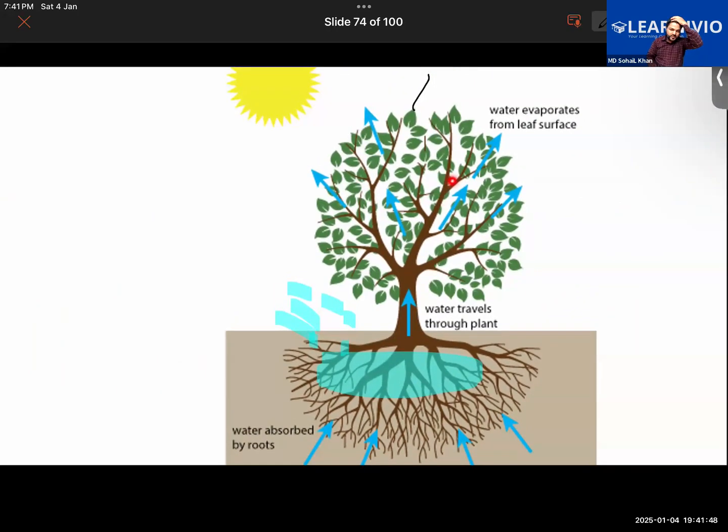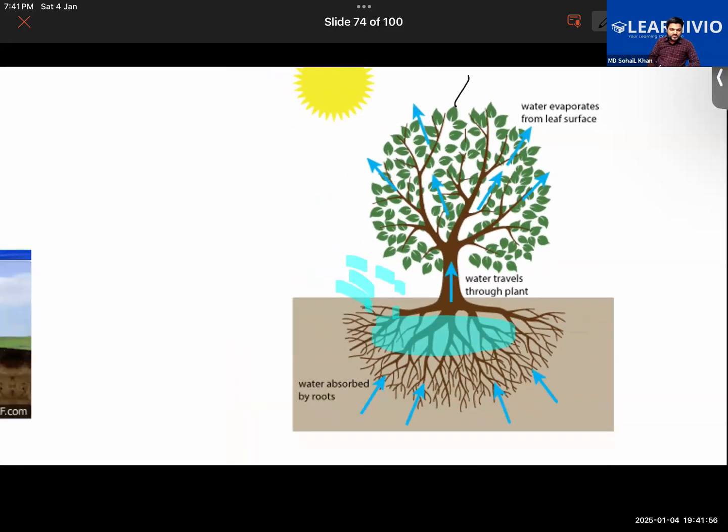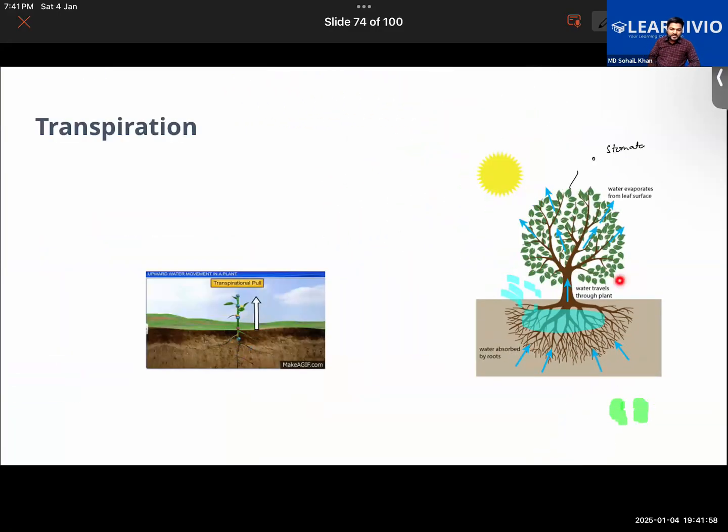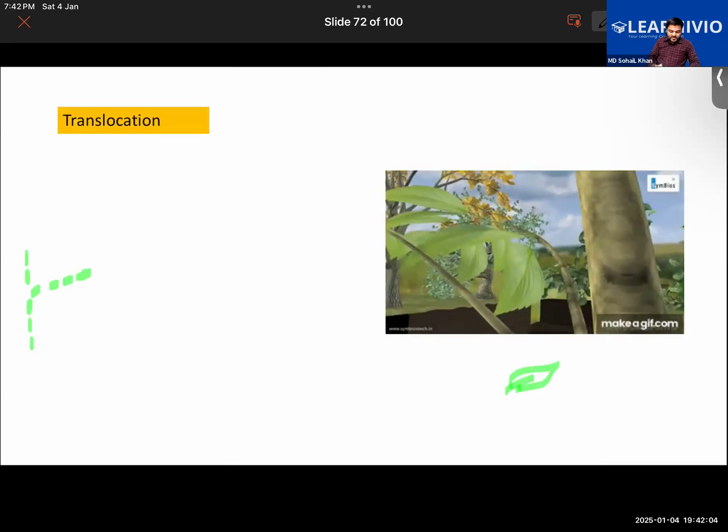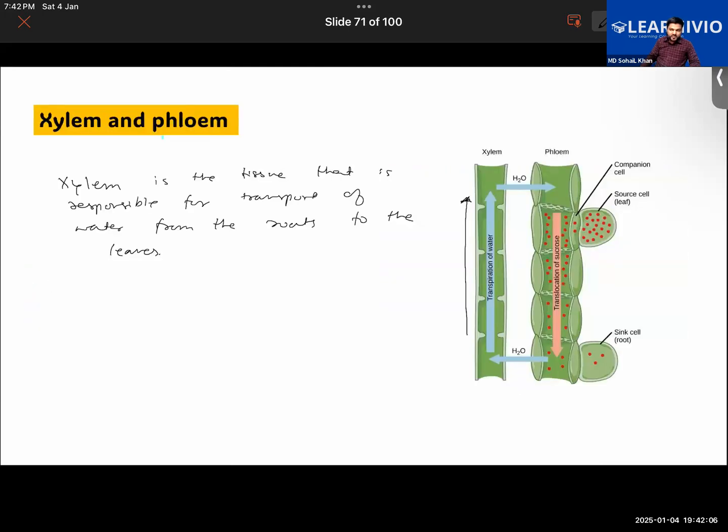Continuous evaporation of water from the leaves creates a suction pull in the upward direction, and that is responsible for the movement of water and dissolved minerals upward throughout the body of the plant. So transpiration is important. Getting it now?